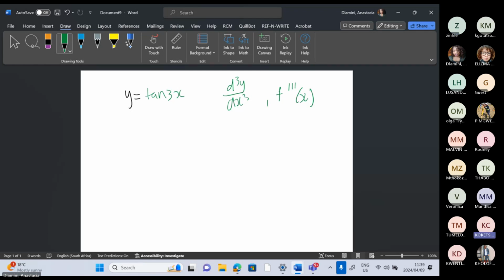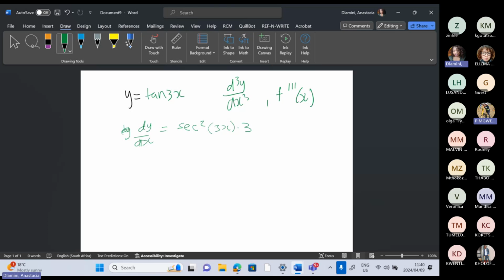The first derivative is going to be sec squared 3x. So dy over dx is equal to? It will be sec squared 3x multiplied by 3.